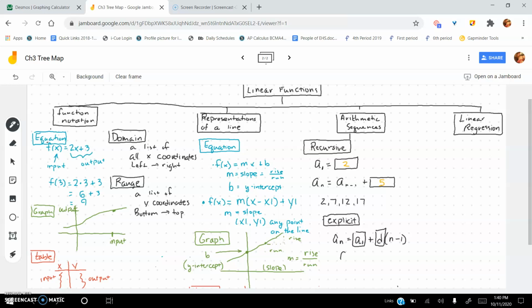So if I wanted to write the explicit formula for this sequence up here, I would say a sub n is equal to 2 plus 5 times n minus 1. I'm going to make that 5 yellow too, so it stands out more.